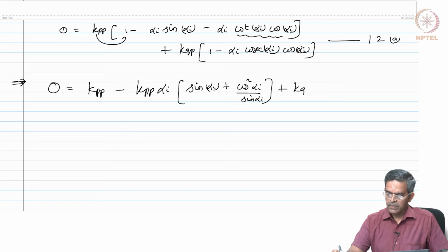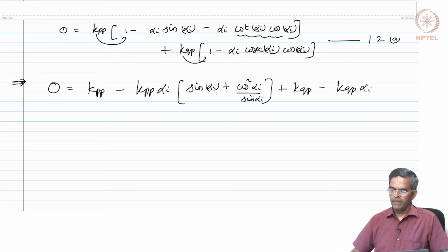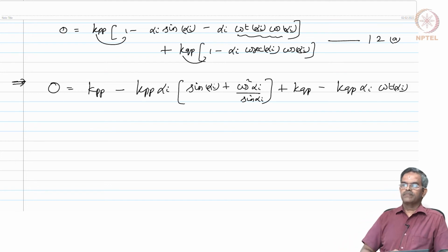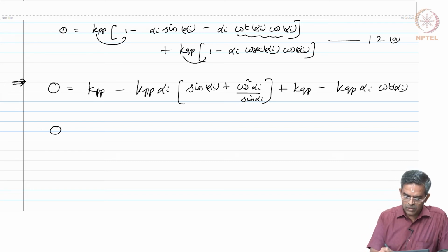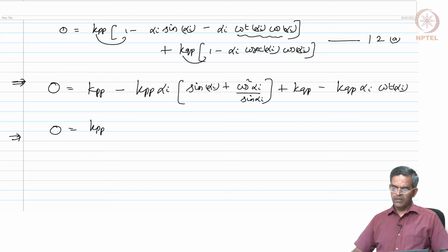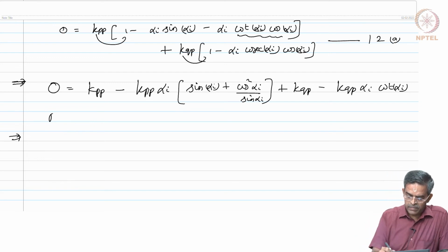Plus KQP, that is this term, minus KQP alpha I cot alpha I. Can I say that? Now, we can simplify this equation, because you know sin square alpha plus cos square alpha is 1, and that becomes cosecant square alpha.